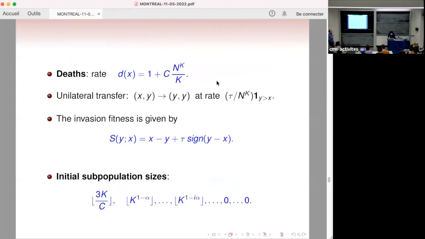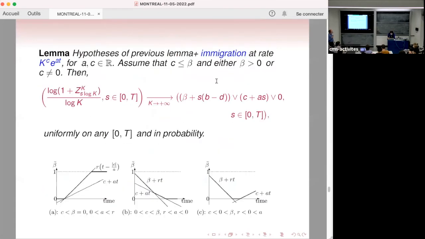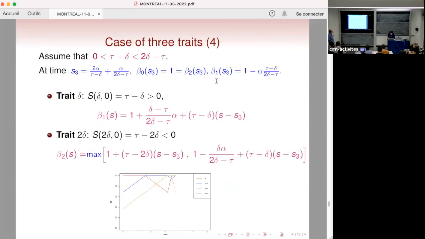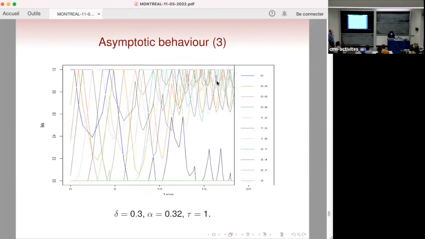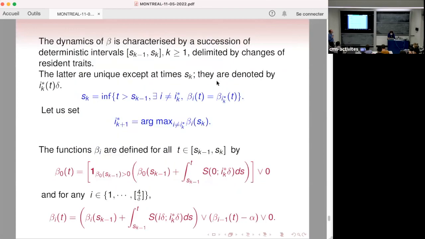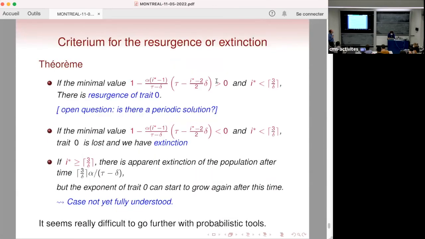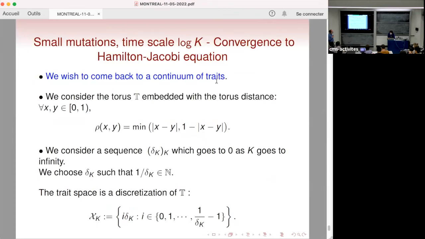That's what I will develop tomorrow. That means we will be in a very much simpler case. Up to my knowledge, we have never seen a paper explaining, as Sepideh explained, the Hamilton-Jacobi equations directly from the individual-based system. That's the subject of the lecture tomorrow.